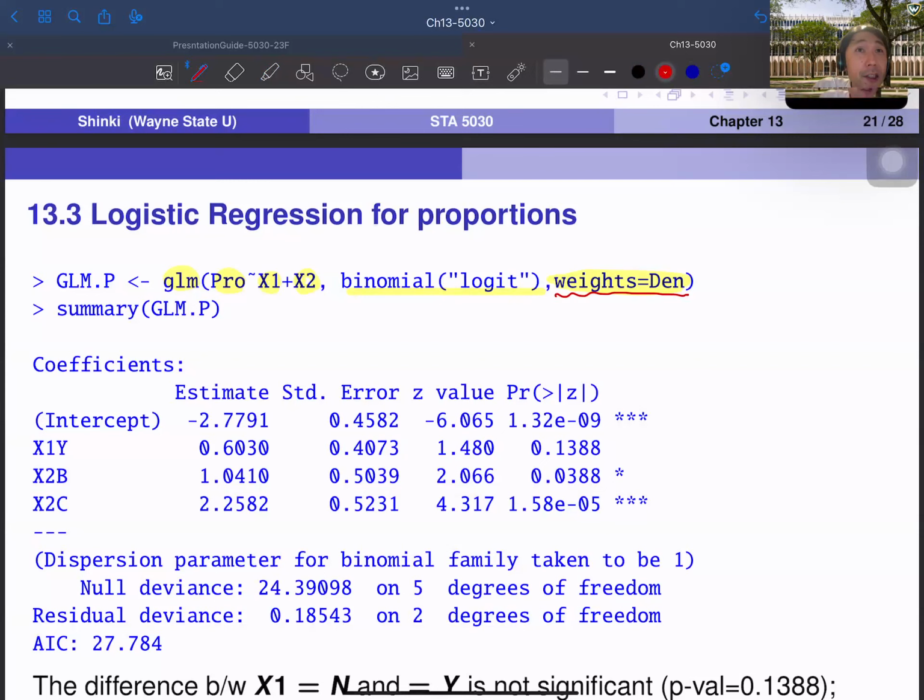I got another question. Is logistic regression only for binary outcomes? Yes, only for binary outcomes. If we have more than 2 levels, it's a much more complicated model.